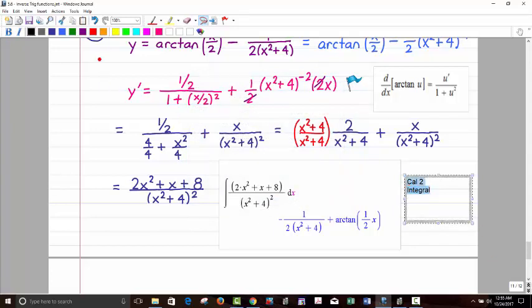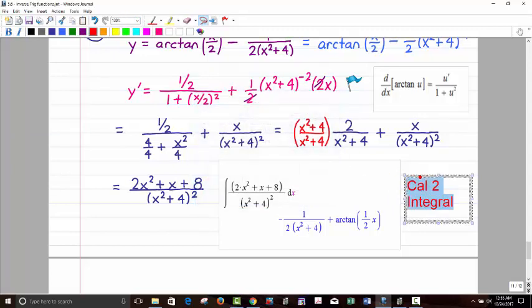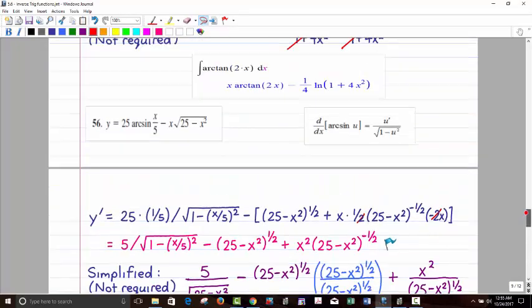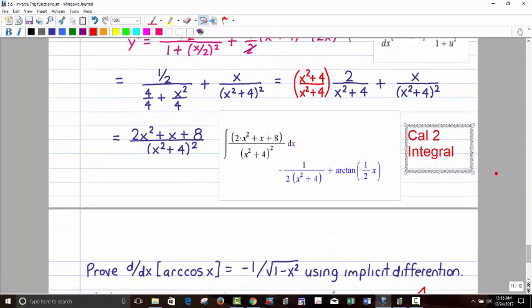Yeah, that would make much more sense. I just said it verbally. So Cal2 integral, there we go. It's a little more generic. Not book dependent that way.